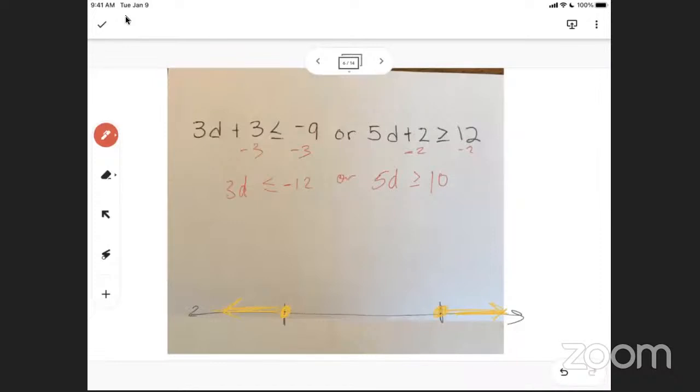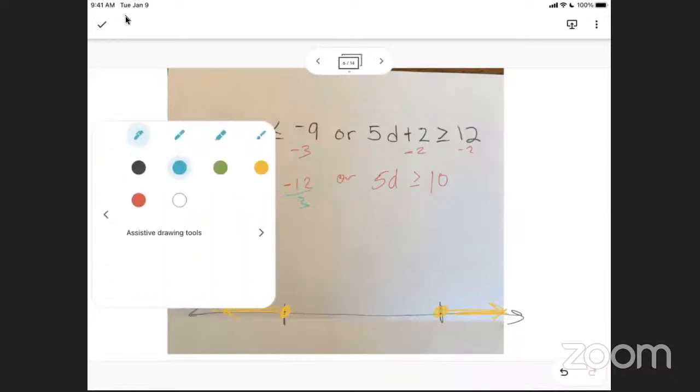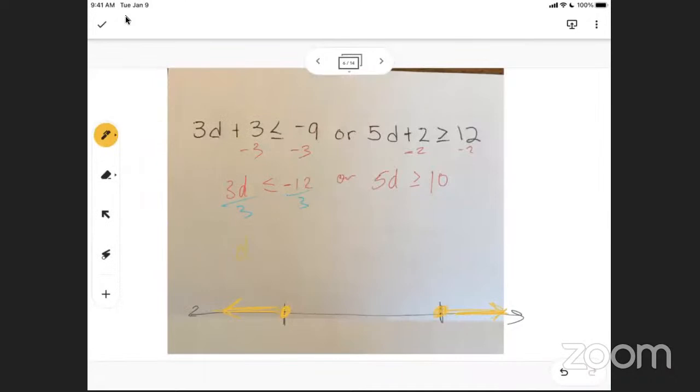All right, what's next for the one on the left? You're going to divide both sides by 3. And what do I get? D is less than or equal to negative 4. So I know this is negative 4 right here. And then what about on the right side?